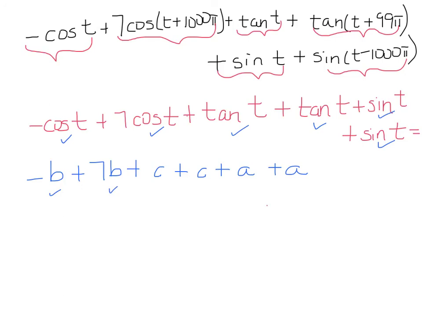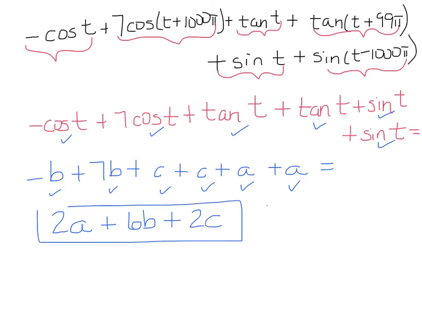And then you just combine like terms. We have 2a. Negative 1b plus 7b is 6b. And this is 2c. And there's your answer.